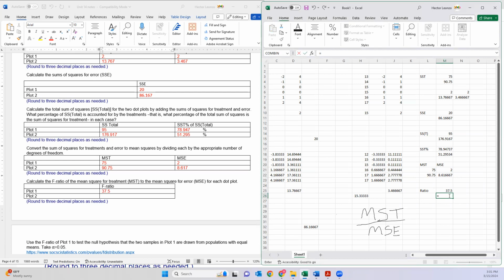Remember how my MST was 90.75? Divided by MSE, which is this number. Now this answer, I'm going to round to 3 decimal places, so I'm going to call that 10.532.